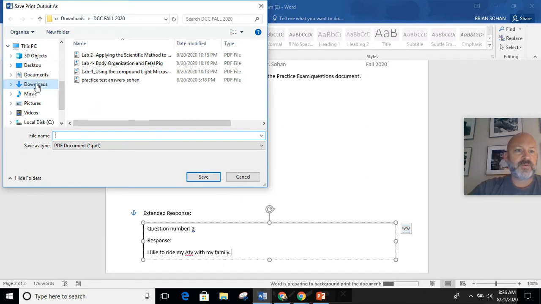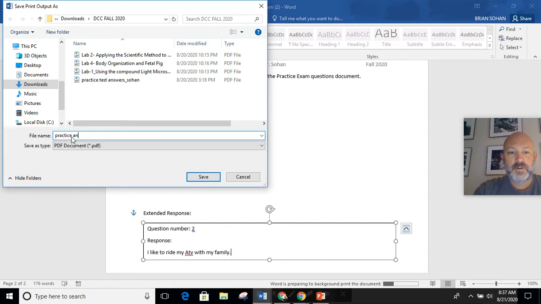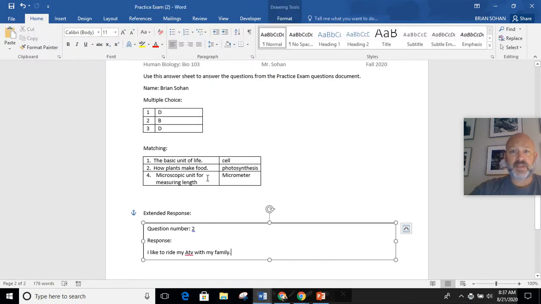So I'm going to find whatever folder I think is appropriate. And this is the fall 2020 DCC folder. I like that one. And I'm going to put practice answers in here. And I do want to put my name on there also. I've already done this once before for a different class, so I'm going to do it again. All right. And it should be in there.